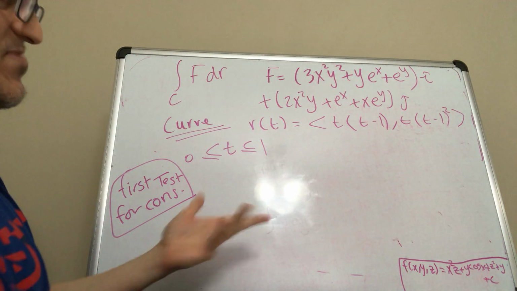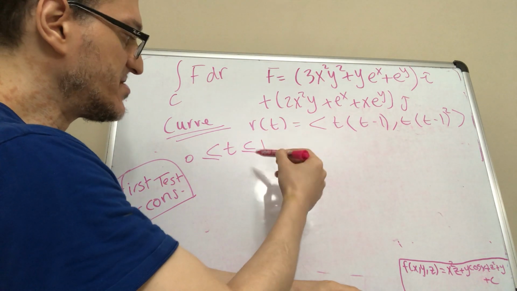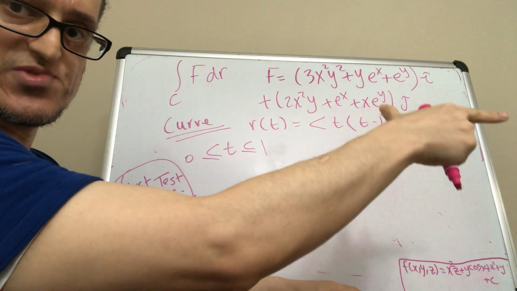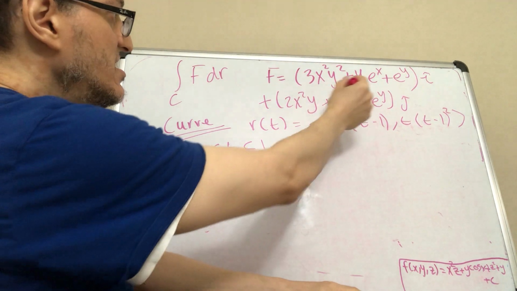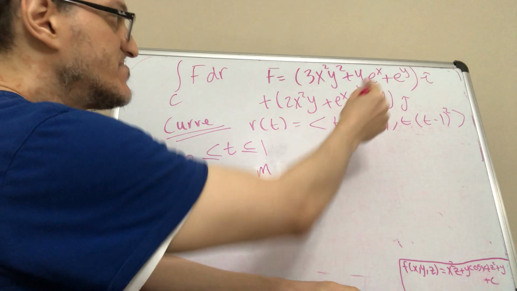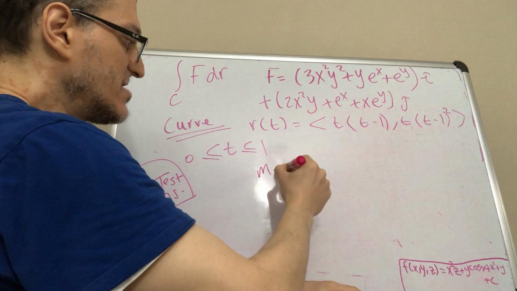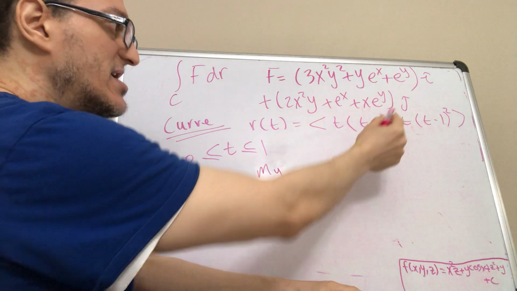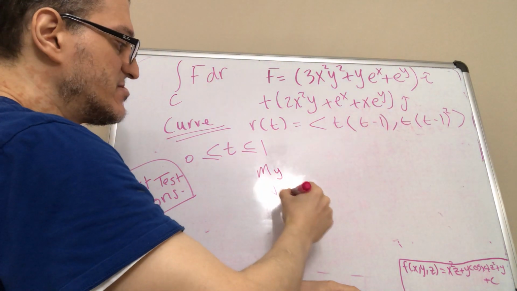So let's just prove it. To prove that it's conservative, it's only x and y, so you don't have to do the cross multiplication. The one in terms of x, find the derivative with respect to y, and the one with the j, find the derivative with respect to x.